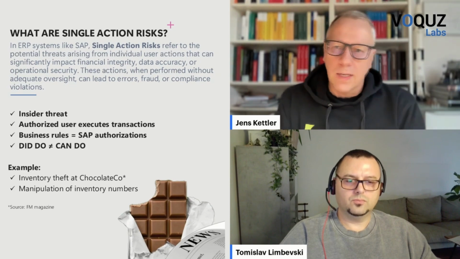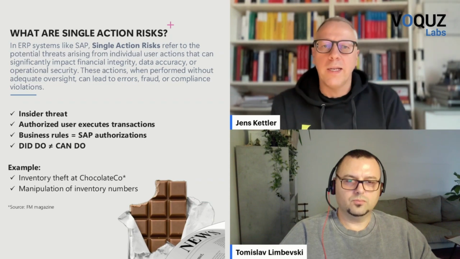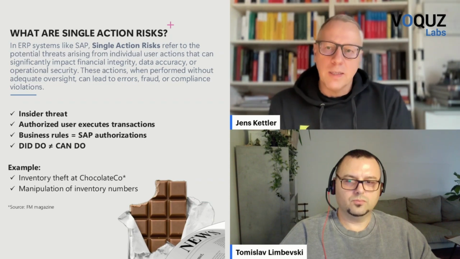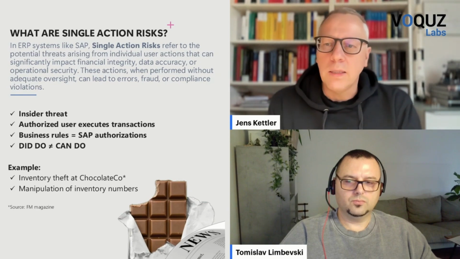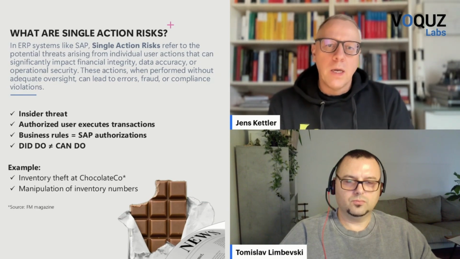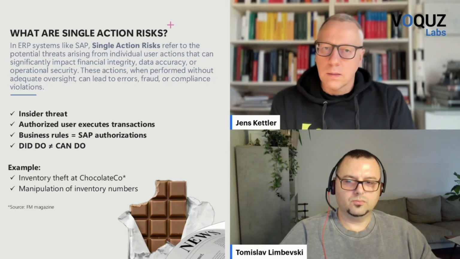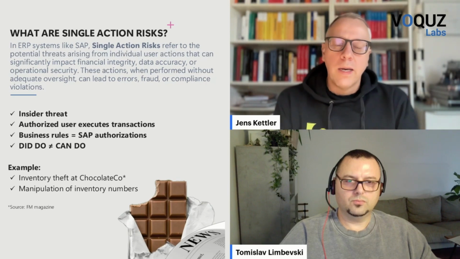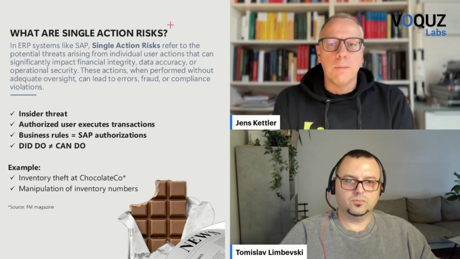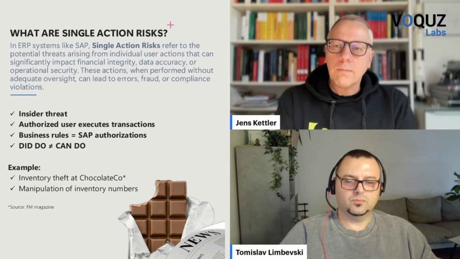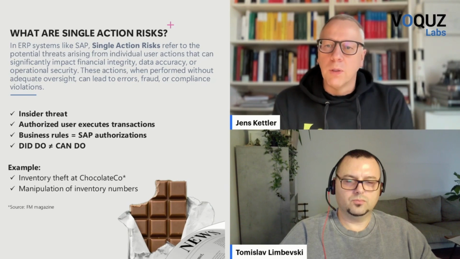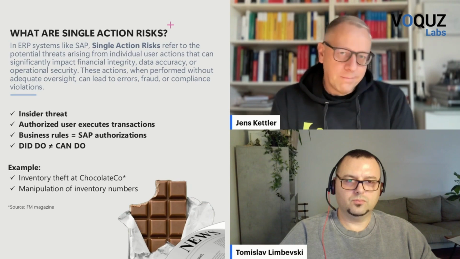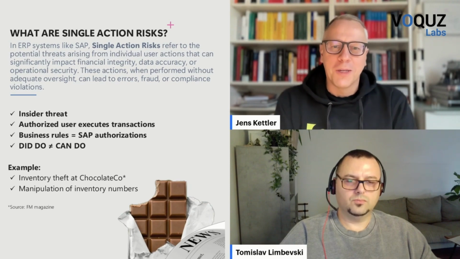But there are other examples as well. We found one case published in the Finance Manager magazine, depicted below here, where it was about asset misappropriation and actually altering the amounts of stock. That would be another example. If you change inventory numbers, it's easy to kind of steal stock from a company.